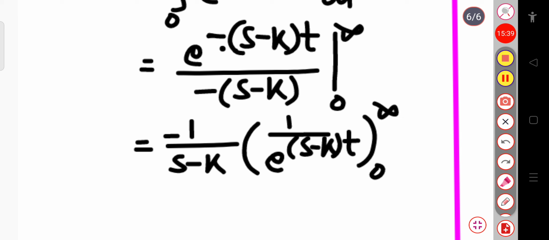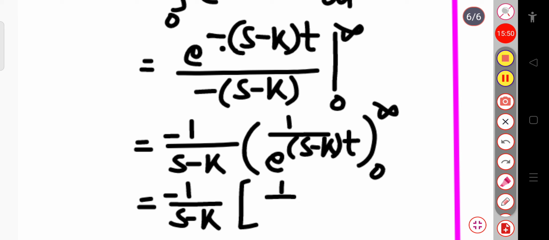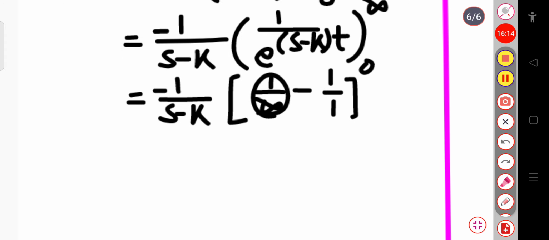This is equal to minus 1 by s minus k whole into, here in place of t if I put infinite, then this will be 1 by infinite, minus, in place of t if I put 0, then this will be exponential 0, something power 0 is 1, so this will be 1 divided by 1. 1 by infinite is 0 and this is 1 by 1 is 1, so this component goes to 0, minus 1, that will become minus 1, and here minus 1 becomes plus 1. Now this is equal to 1 divided by s minus k.